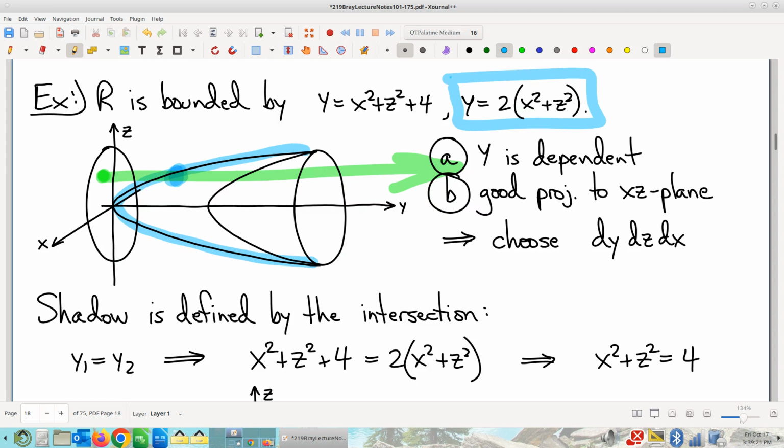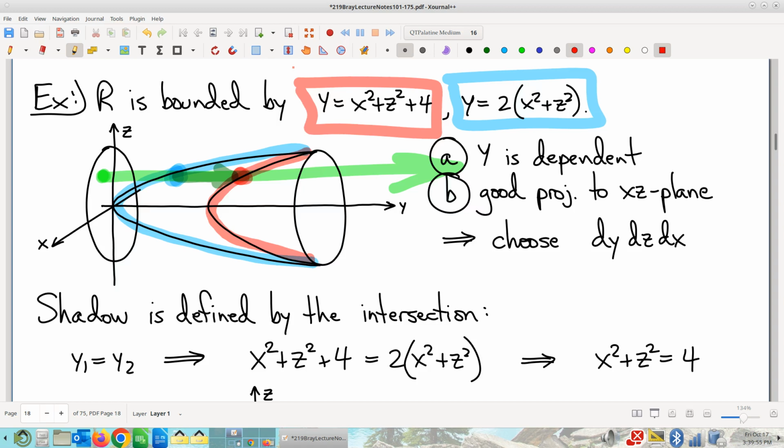For every point in our disk, the lower bound for y will always be on that blue surface. And then, as we proceed along through our solid, we will exit the solid at a point like that, which is consistently on that surface, that equation. Everybody happy? Questions about that?